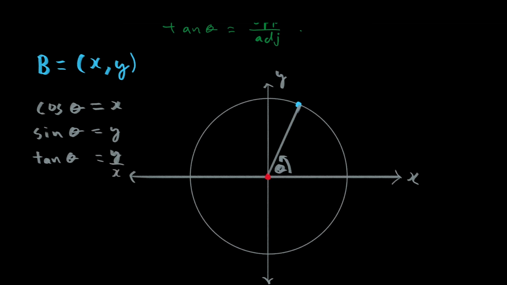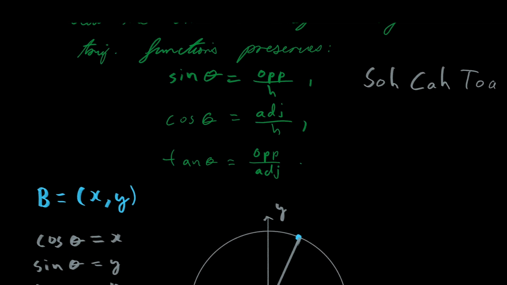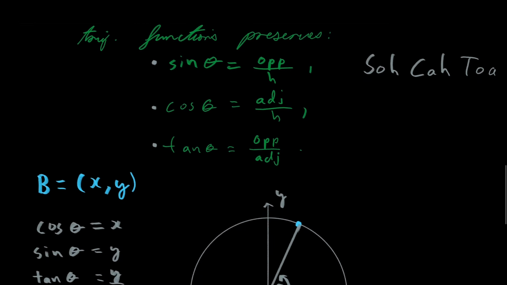Okay? So, how do these unit circle definitions of these trigonometric functions respect and do no violence to these three trigonometric functions that characterize relationships in right-angled triangles? Okay, they are the same trigonometric functions, and we want them to be preserved.